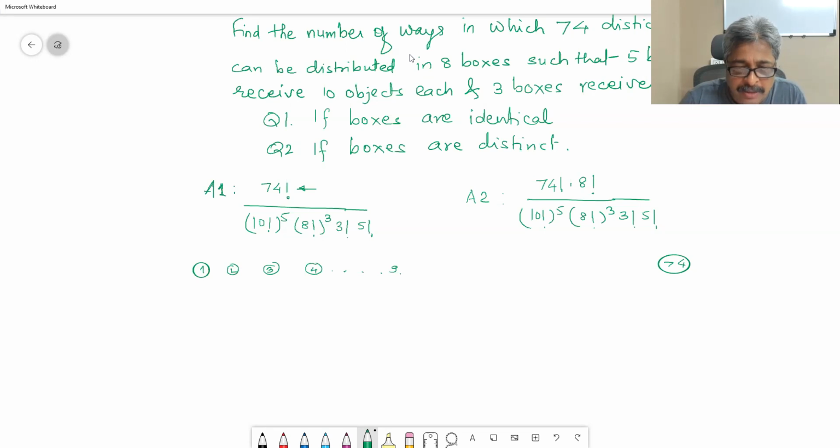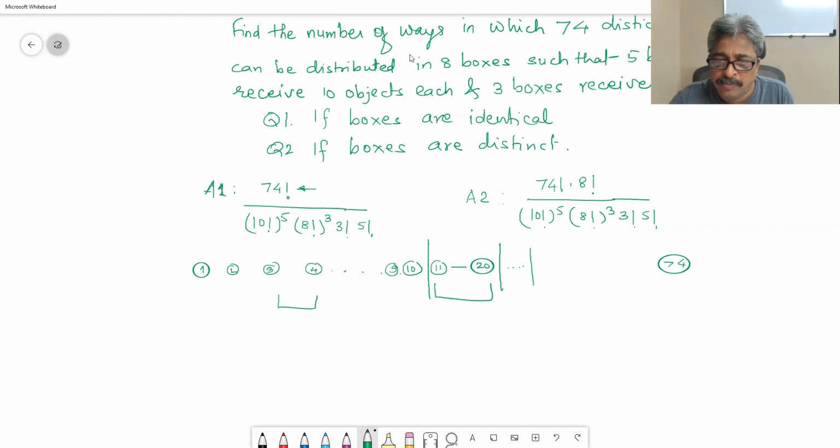I put the first 10 objects in one box, 11 to 20 go in another box, and like that there will be 10 objects each in total 5 boxes, up to 41 to 50. I am not labeling the boxes because they are identical.